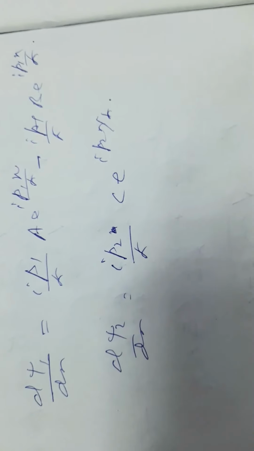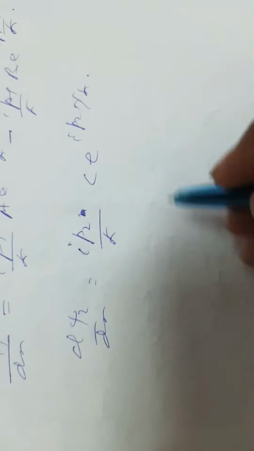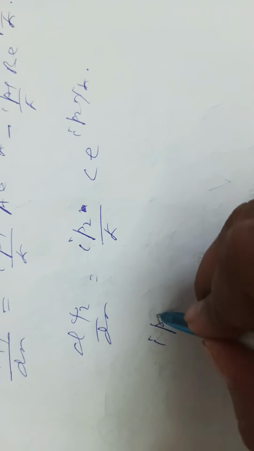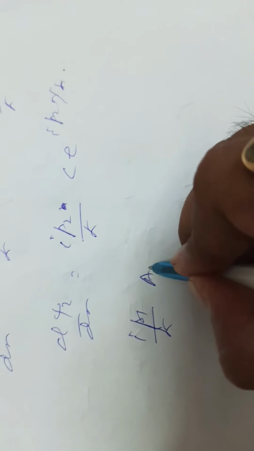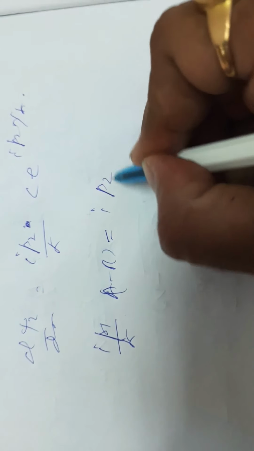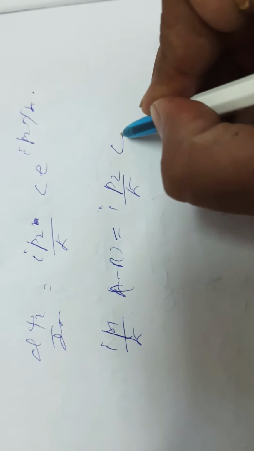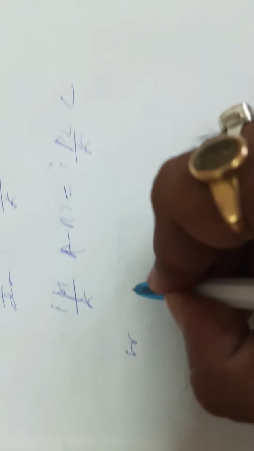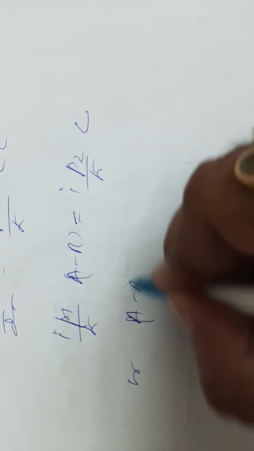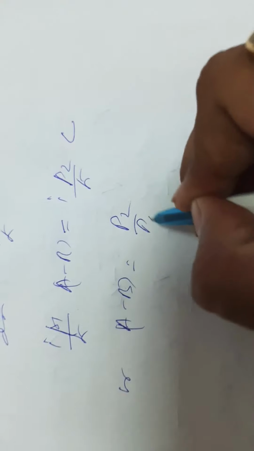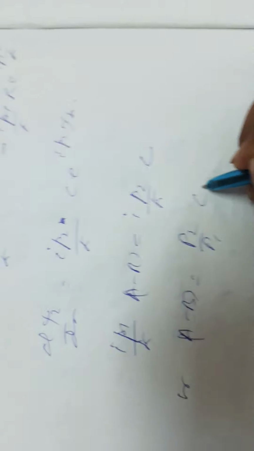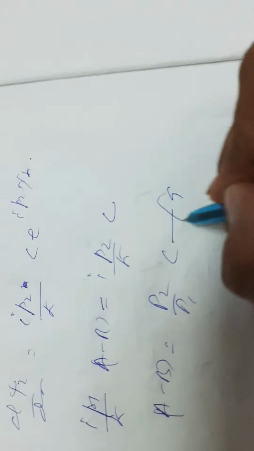Now applying the boundary condition 6, we find i p1 by h cross (A minus B) equal to i p2 by h cross into C, or A minus B is equal to p2 by p1 into C. So this will be equation number 9.